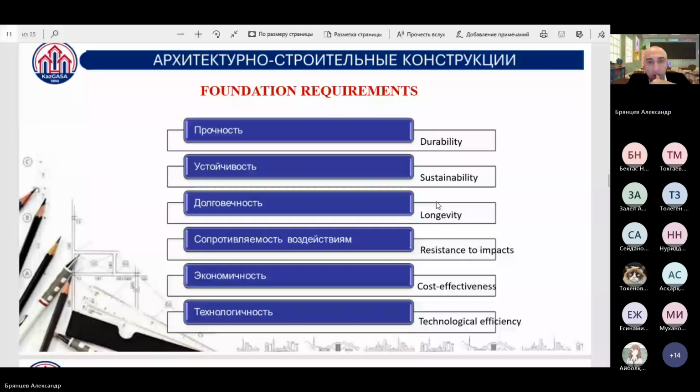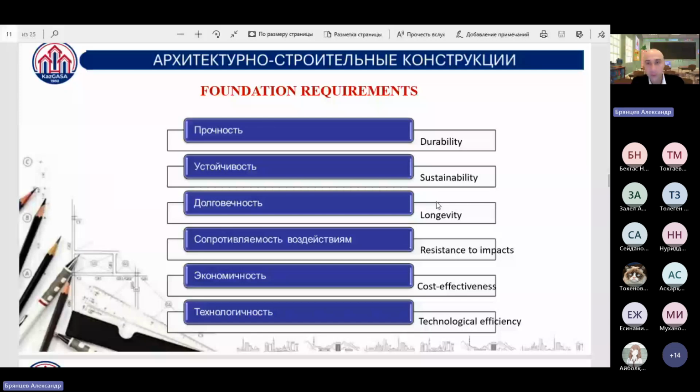It should stay during the whole service life of the building without any loss of the bearing capacity of the building.